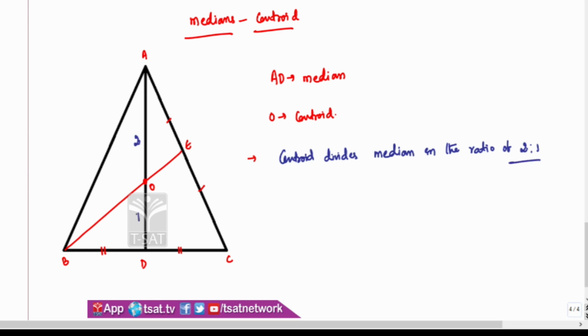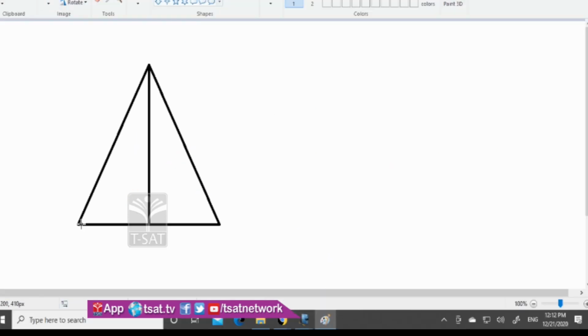This is 2 is to 1. So the centroid divides the median in the ratio 2 is to 1. We will look further into it. I am taking all three medians here.